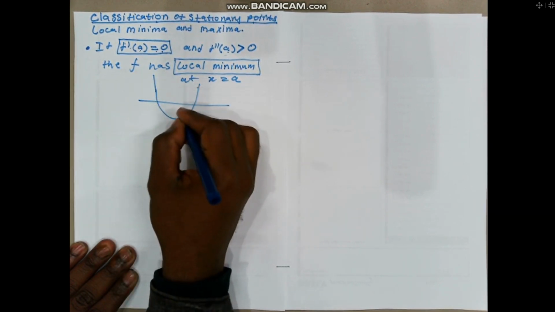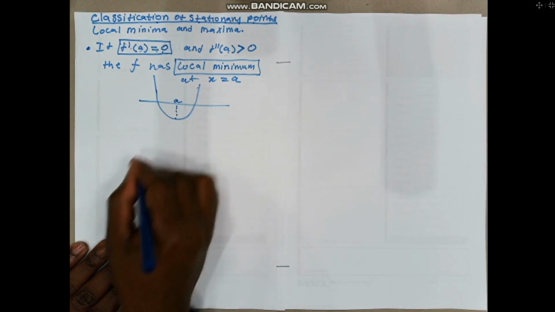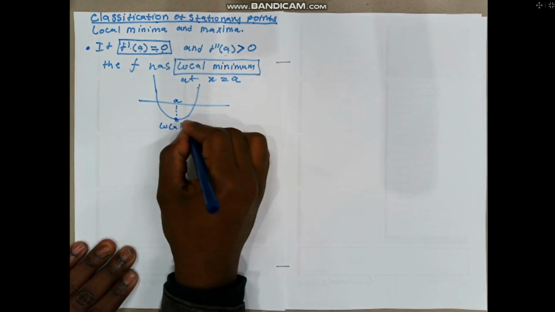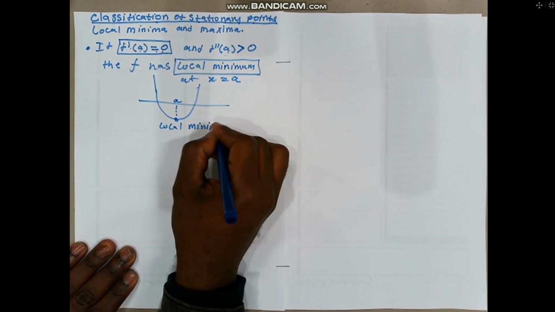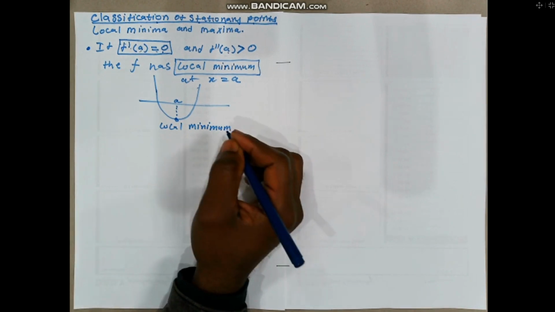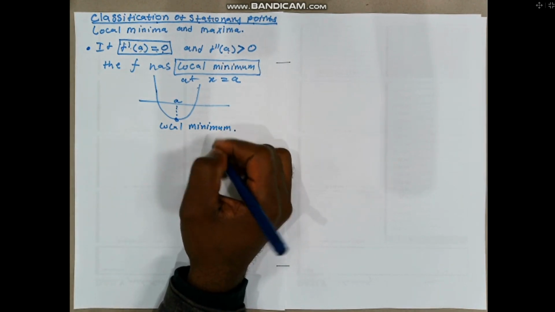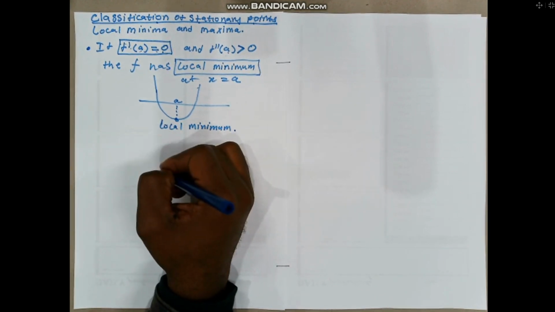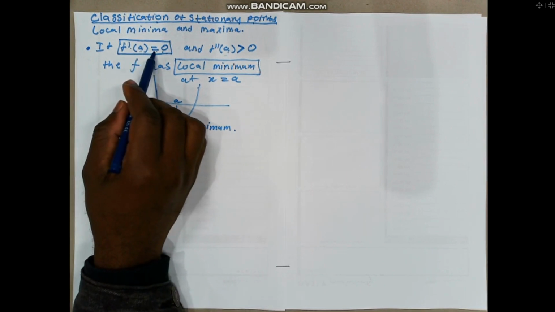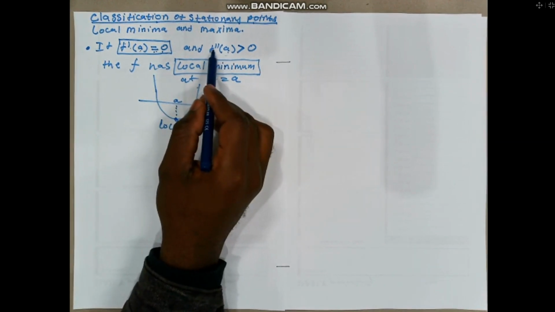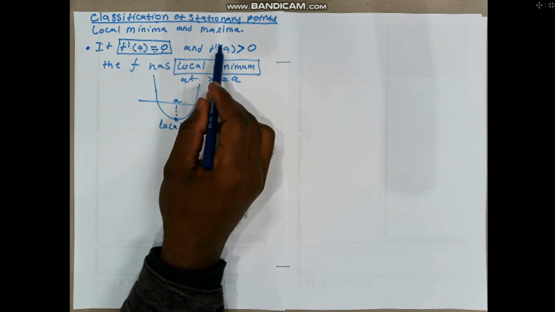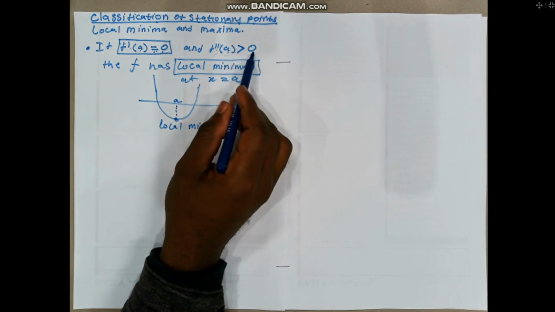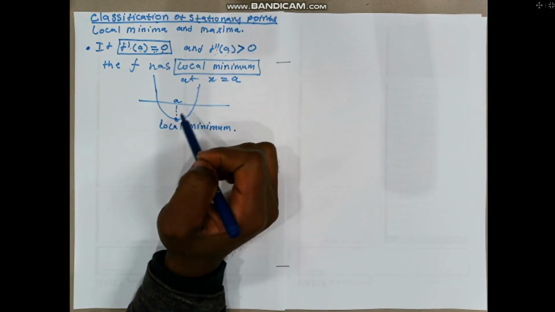So just draw the function here. This is our point A, our local minimum. I hope you understand it. If f prime of a is equal to 0 and the second derivative of a is greater than 0, then this is a local minimum.